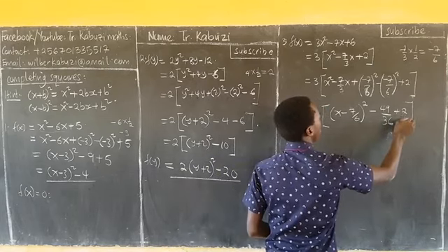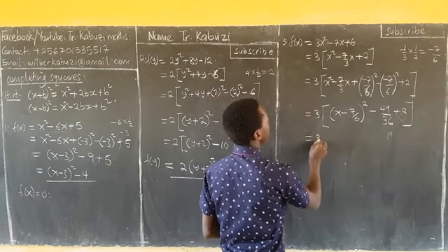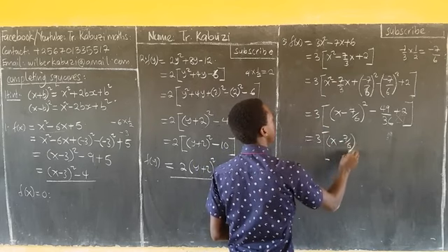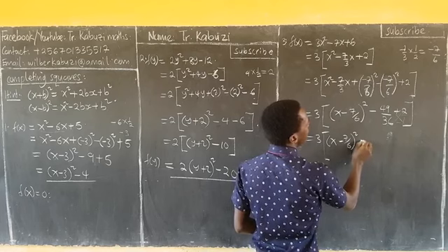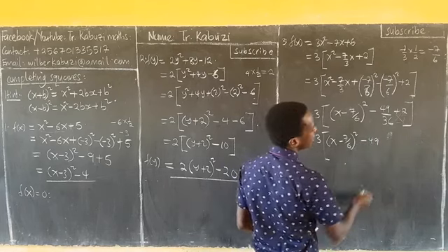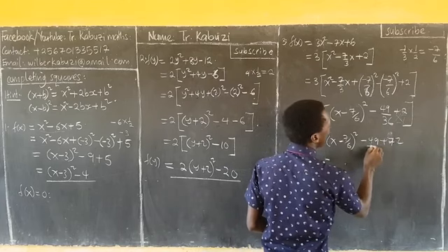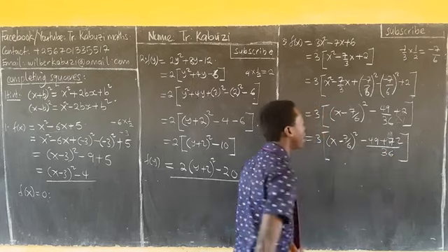This will be over 1 because we multiply up and down. So we have 3 into x minus 7 over 6, the whole squared. Now this will be minus 49, plus this times this, which gets 72, the whole over 36 in brackets.